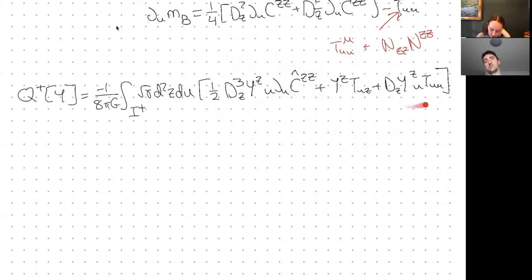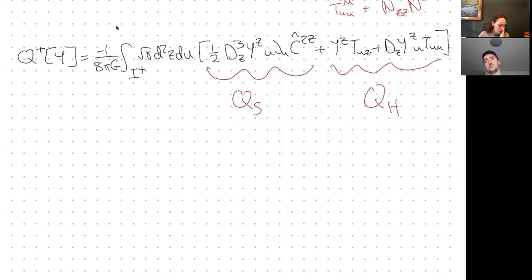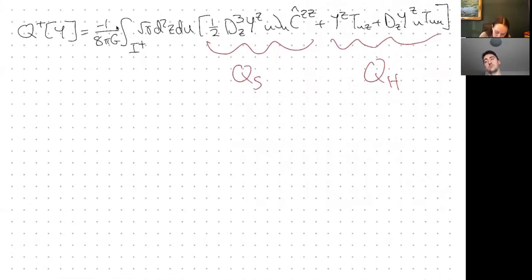And then this guy is basically measuring the energy momentum of the other hard particles. So I'm going to call the full integrated quantity Q soft, and this guy is going to be called Q hard. What do I have? This Q hard, because the stress tensor is essentially doing the diffeomorphism on the hard matter.